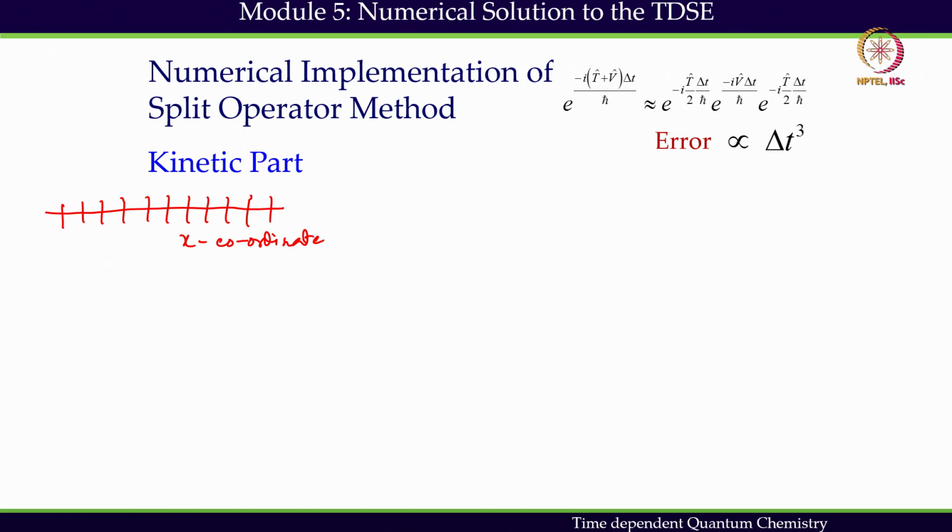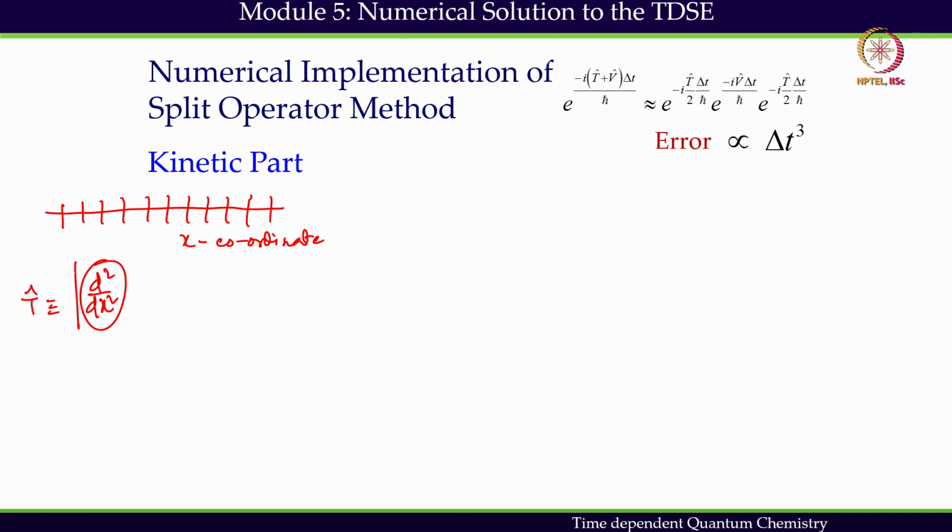We have seen that on the position grid, kinetic energy is represented by a derivative operator, and for the evaluation of the derivative operator, in module 4 we used the finite difference method.